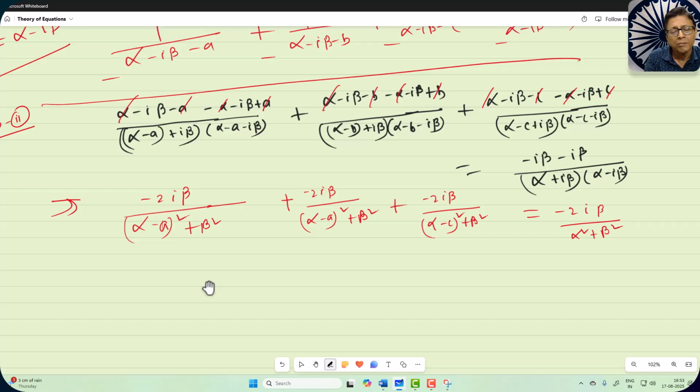Okay. Now take 2 I beta common. Take this one on the left side. Oh sorry, this is alpha minus B, this will be alpha minus B. No, this is A, this is B.